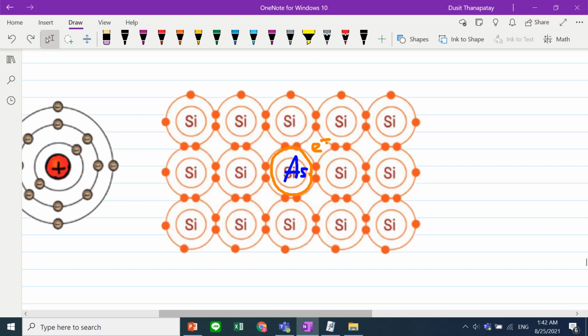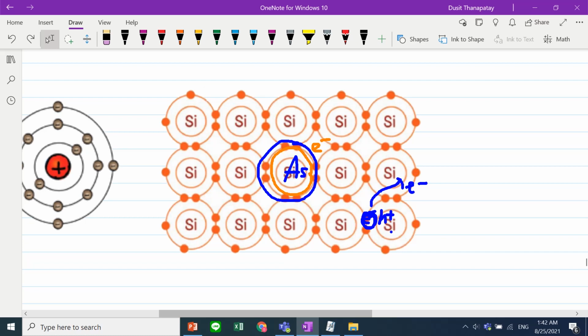There is a free electron, no hole, from this impurity, from this arsenide. Anyway, an electron between silicon atoms can also be removed and become a free electron, and at this empty space it then becomes a hole.